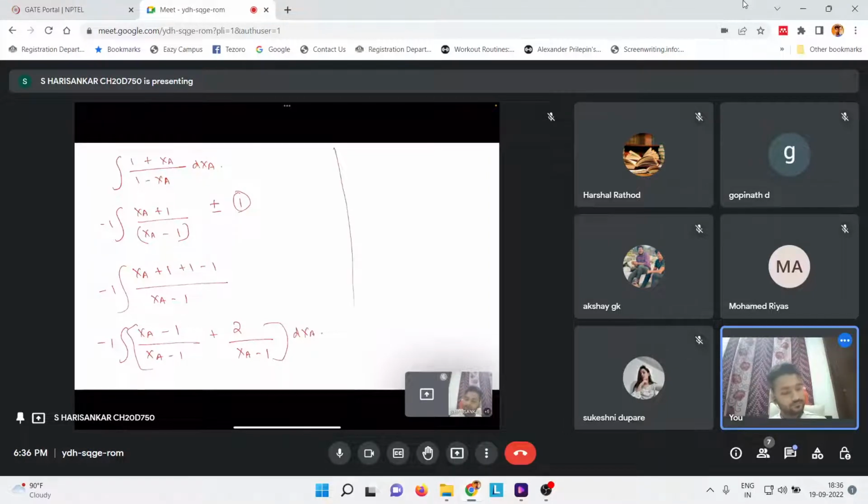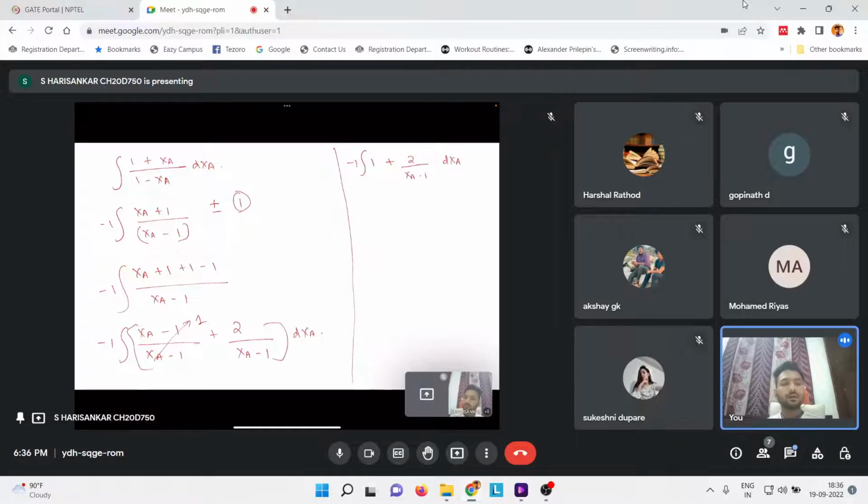Now this is right, and this is much simpler compared to the other methods. The first term, xa minus 1 by xa minus 1, will be 1. So the integral of 1 plus 2 by xa minus 1 dxa.